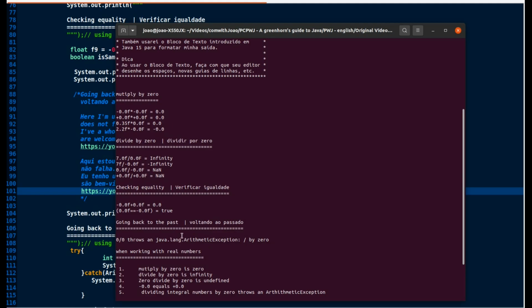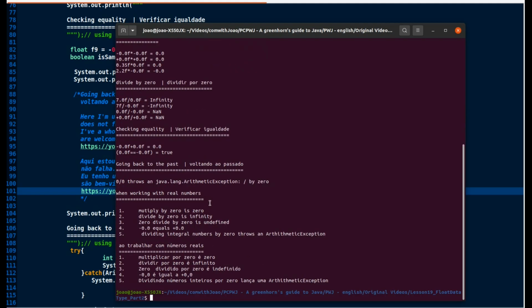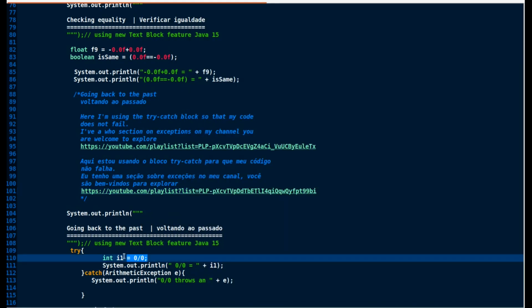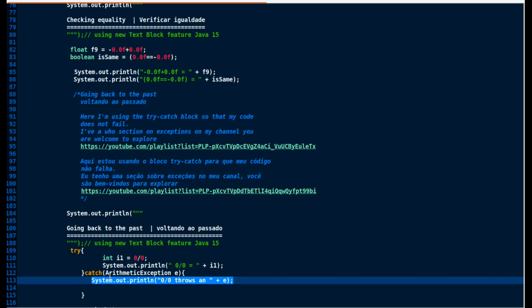I use the try catch clause where I'm dividing an int value by 0. Here it is, this one over here, and this one is throwing an exception, and it's printing this line out over here because it threw an exception.